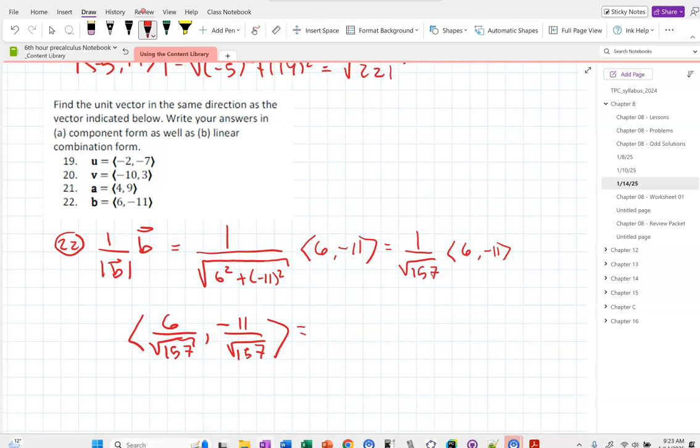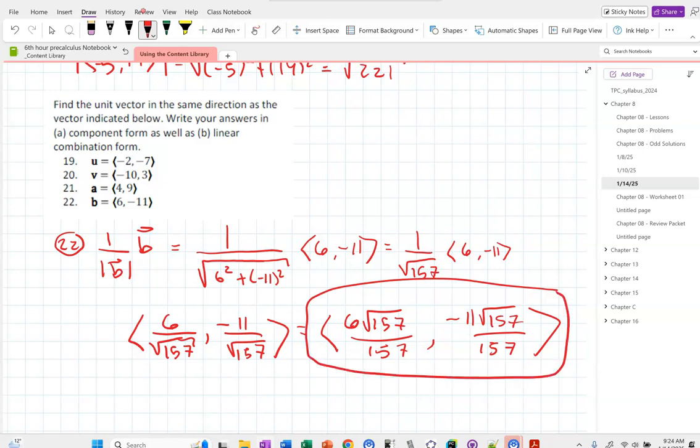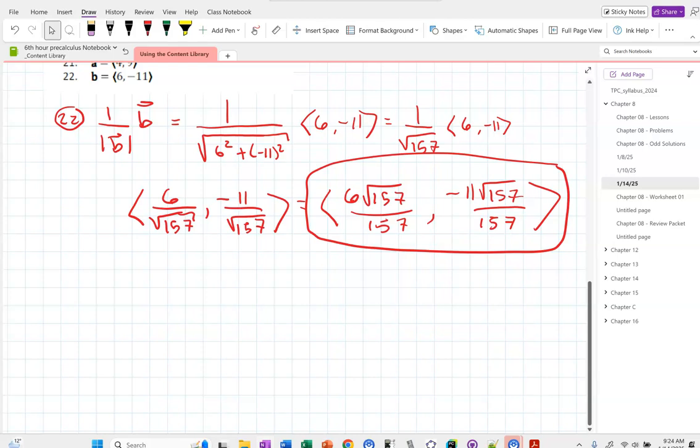Not divisible by 1, 2, 3, 4, 5, 6, 7, 8, or 9. I didn't do 11 or 13. It won't be 15. I guess it could be 17. That seems unlikely. No. Maybe 19? I don't know. It's not going to simplify any. But we'll rationalize those denominators. So that's my component form, where I just rationalize the denominator there, Tia.